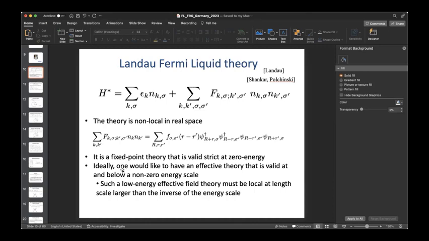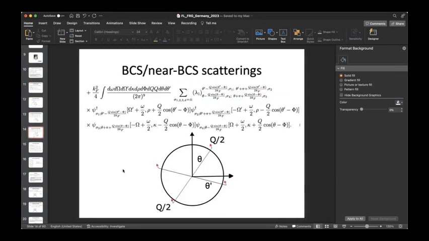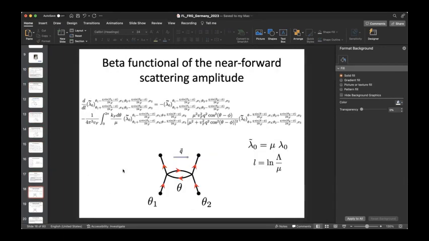When you compute those correlation functions, I think you implicitly go beyond this theory by allowing some processes where, for example, this particle pair can be scattered into another part of the Fermi surface, right?